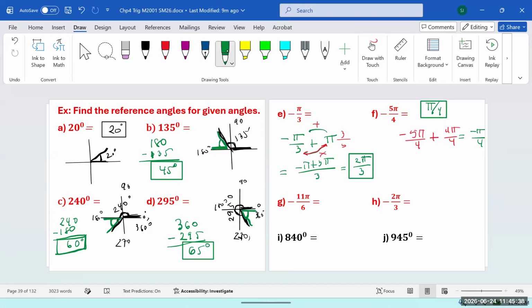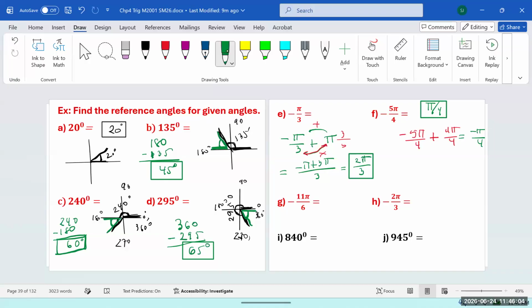Ignore the negative sign, because the reference angle must be positive. This is the shortest method. The formal method is you add 2 pi, always, with a negative angle, and then from there you either subtract 1 pi or subtract 2 pi. That's the formal method. But you don't have to know the formal method because we have a shortcut.